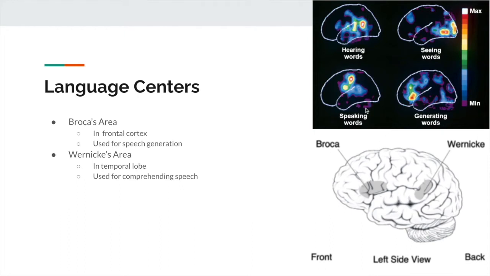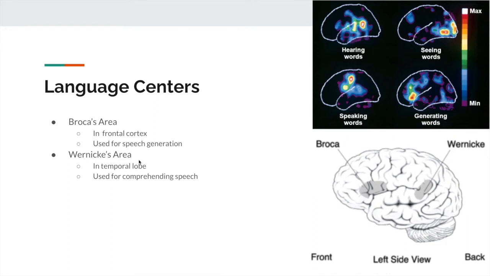You can see here, the colored areas are representative of high activity in the brain in that area, and so when you're speaking, you can see that this part of the brain, Broca's area, is activated. And so if your Broca's area is damaged, you have a hard time talking. Your speech comes out kind of distorted and slurred.